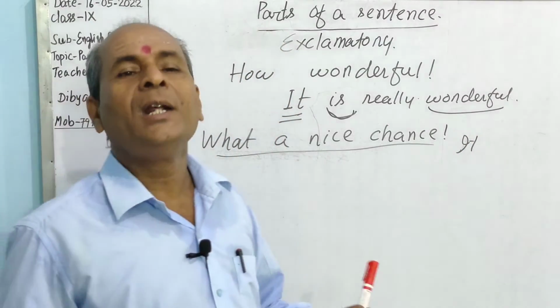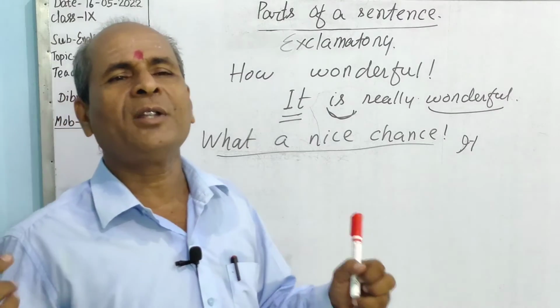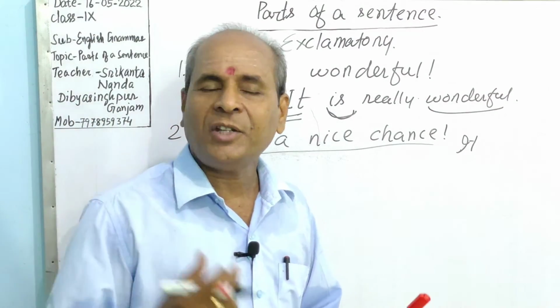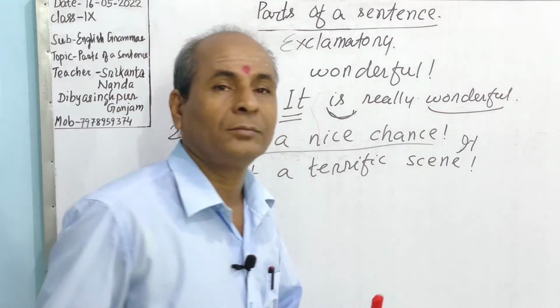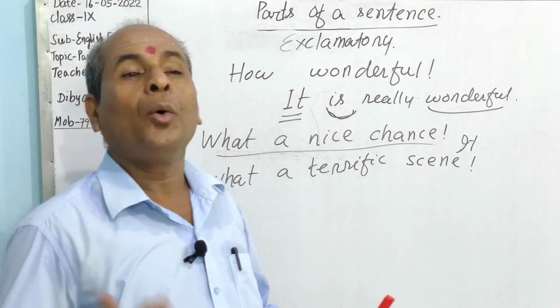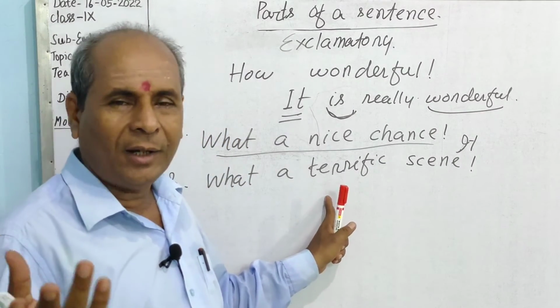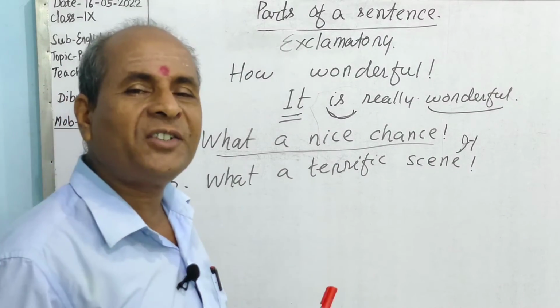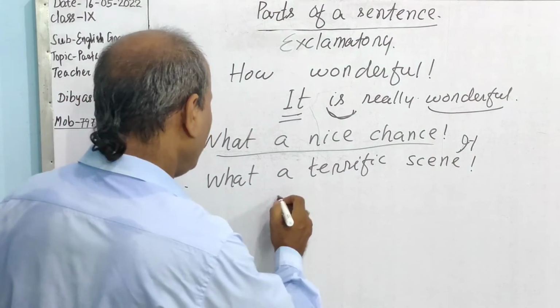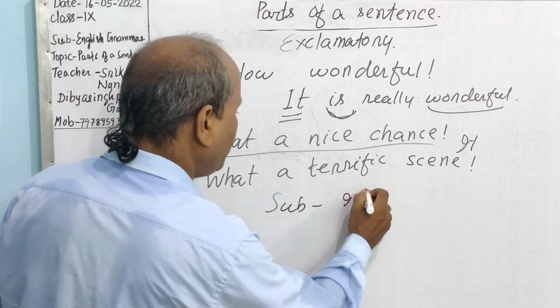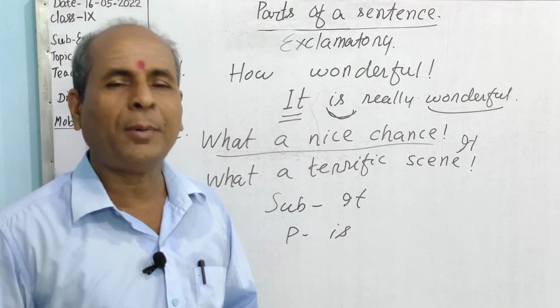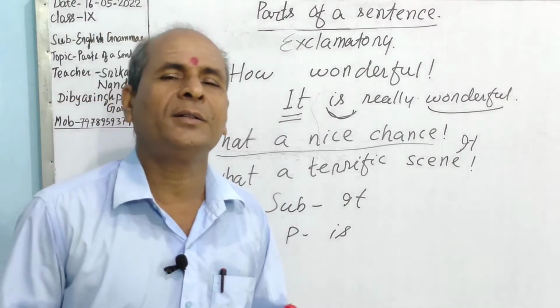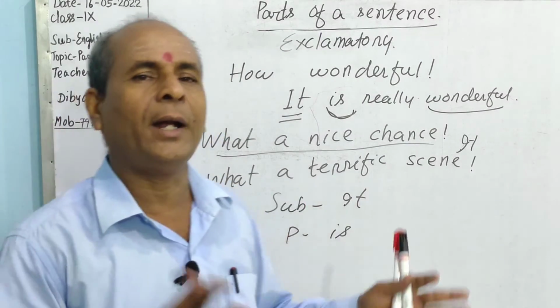Next we will take some example. What a terrific scene. Here subject is it means it was a terrific scene or it is a terrific scene. So subject it is also omitted. In this type of sentences you can identify the subject and predicate like this, it and is.